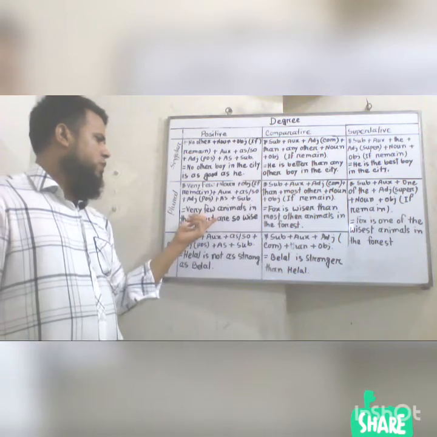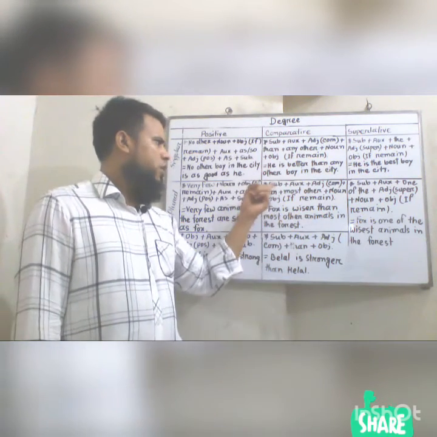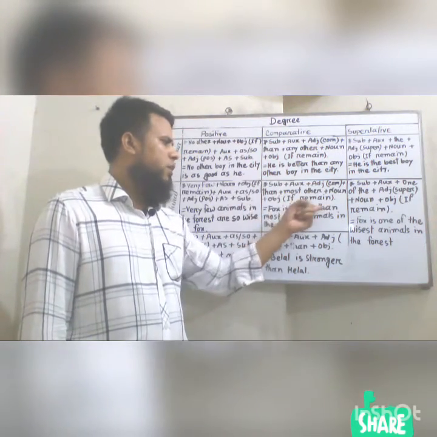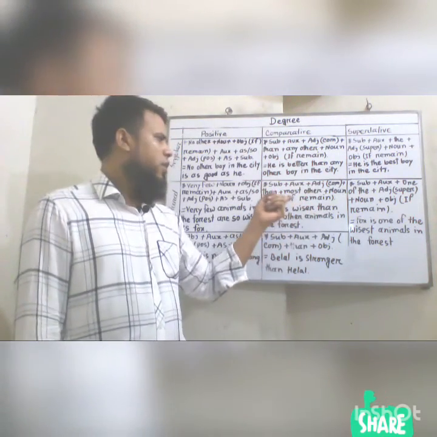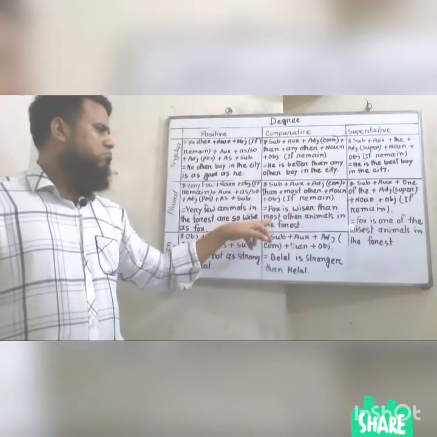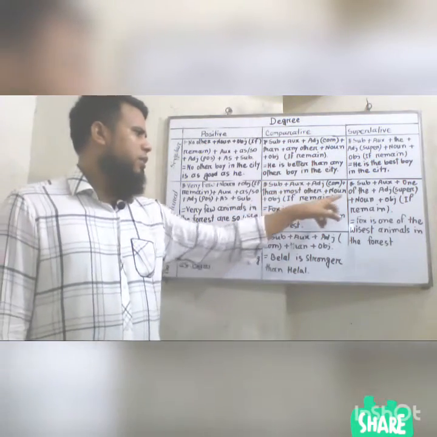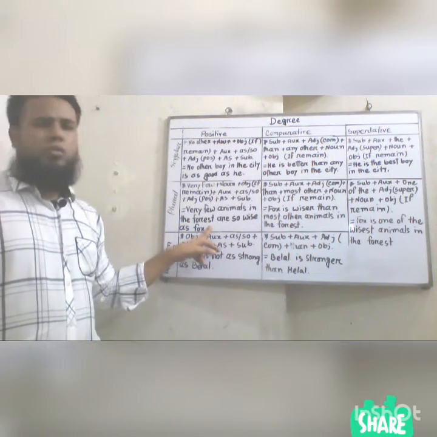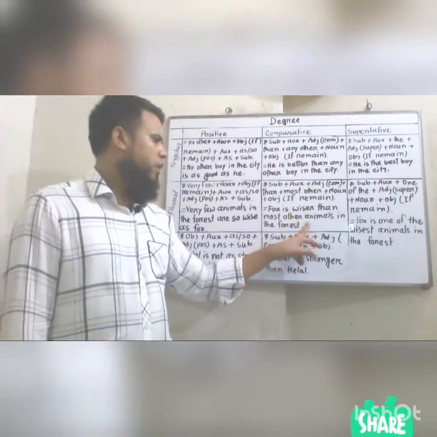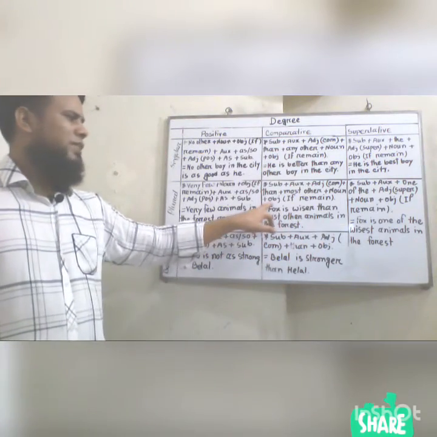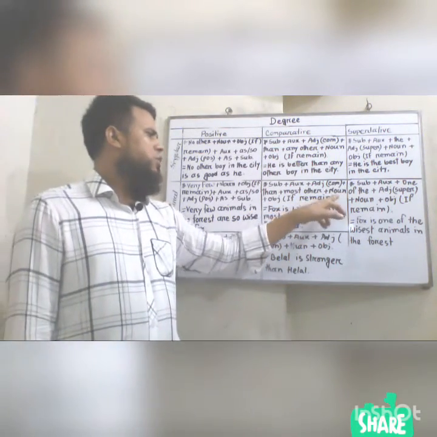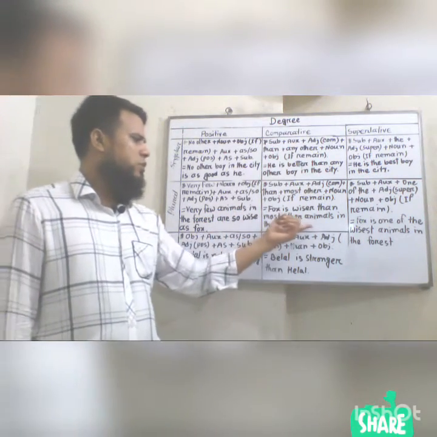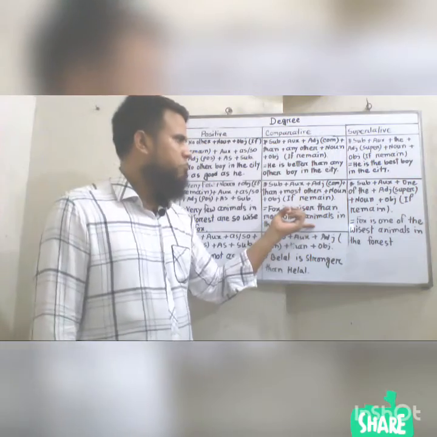If we want to change this sentence to comparative: subject fox, auxiliary is, adjective comparative wiser, and then according to the rule than most other, and then noun animals. Finally object in the forest.